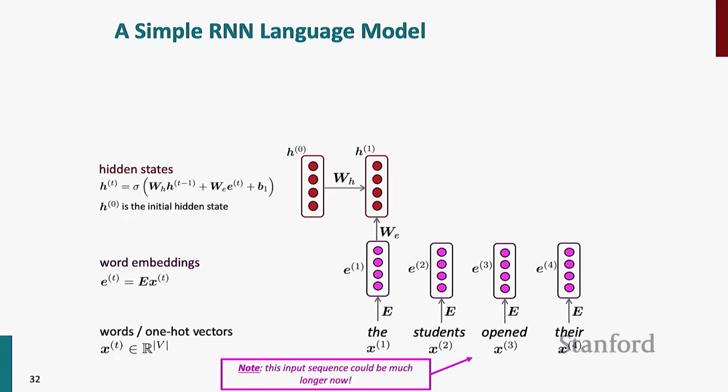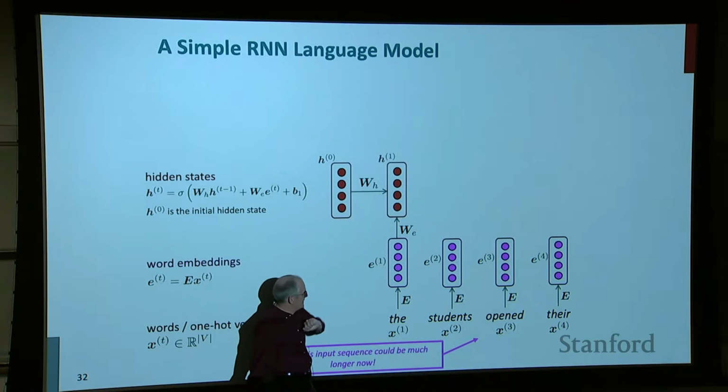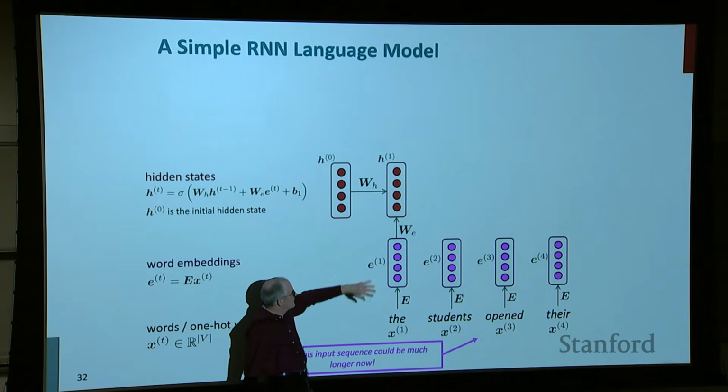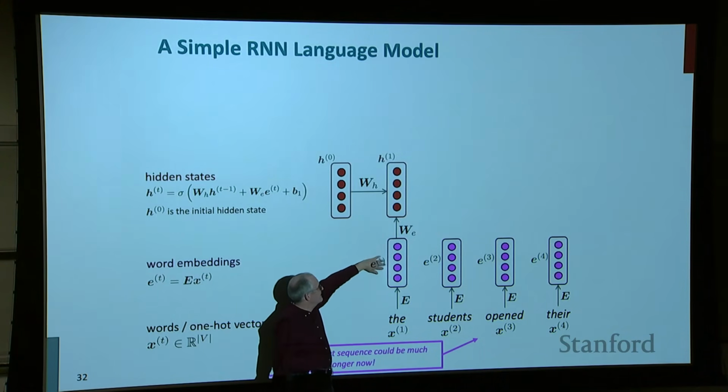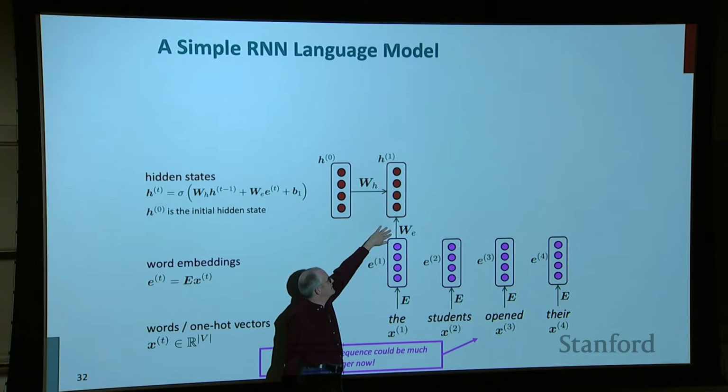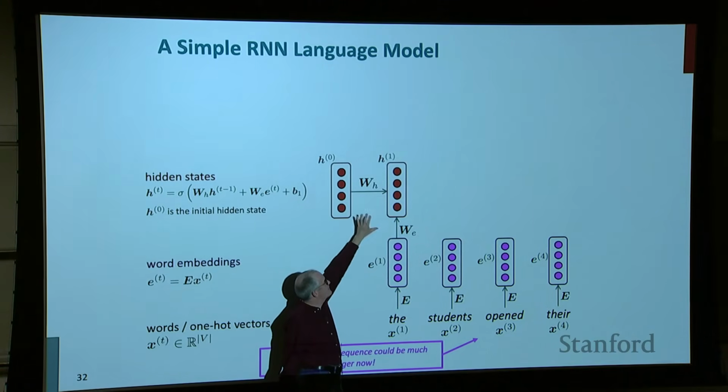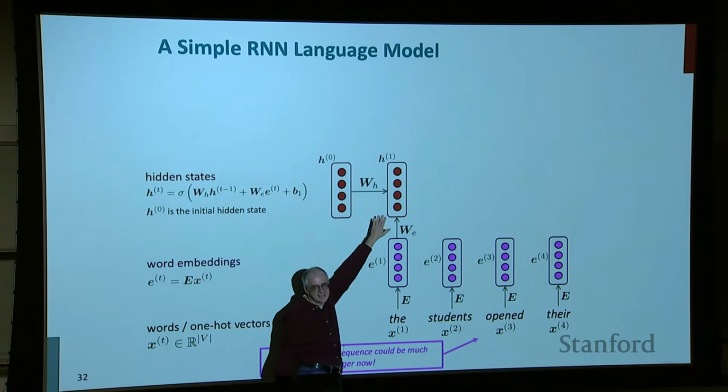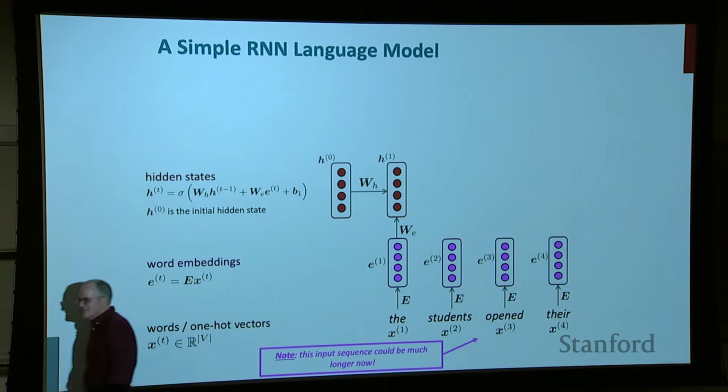So we're going to start off with an H0, which is the initial hidden state, which can actually just be all zeros. And then at each time step, we're going to multiply the previous hidden state by a weight matrix. We're going to take a word embedding and multiply it by a weight matrix. And then we're going to sum the results of those two things, and that's going to give us a new hidden state.